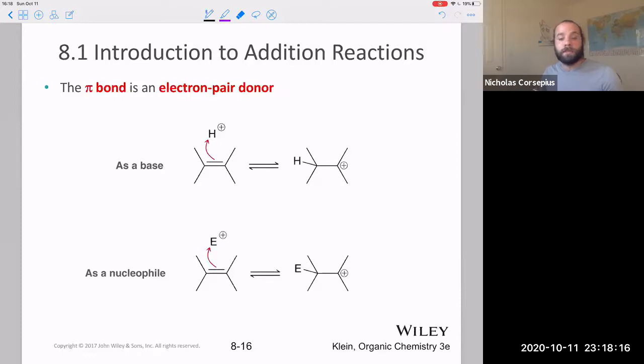But in both of these cases, the pi bond in our alkene is going to be an electron pair donor. So it's either going to be playing the role of a base or a nucleophile in all of these reactions.